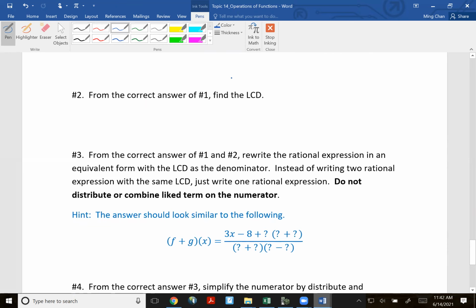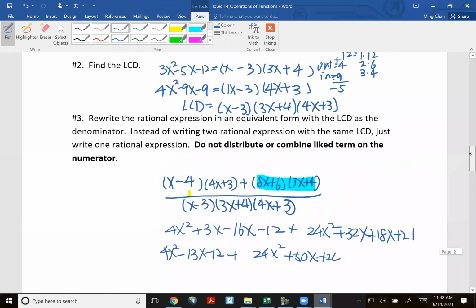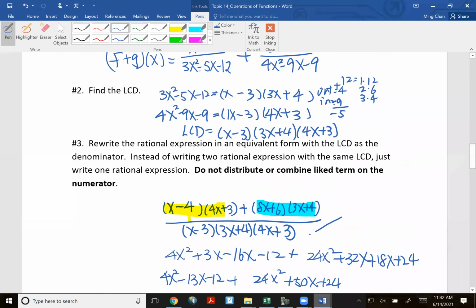And then from 1 and 2, I want you to write the rational expression in an equivalent form with the LCD as the denominator. So it will be right here, this part. That's step number 3. Okay. What does the LCD have that my first denominator is missing? That will help you rewrite the entire expression.